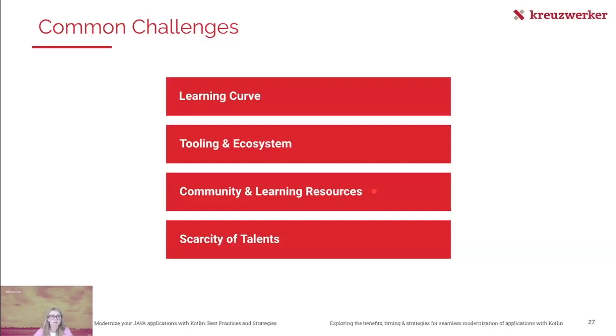And the majority of Kotlin developers, around 31%, have only 2 to 4 years of experience. Although there is a positive trend of developers staying with Kotlin for a longer time. According to the JetBrains developer survey from last year, the number of people using Kotlin for more than 4 years has doubled since 2021.